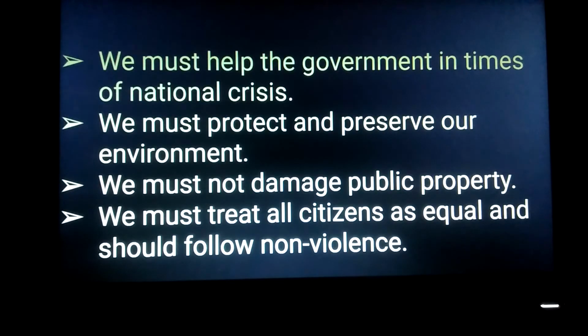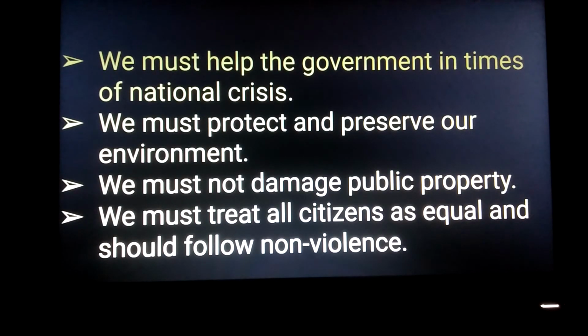As you can see the picture of national anthem and the people who respect our national flag. And we must help the government in times of national crisis.